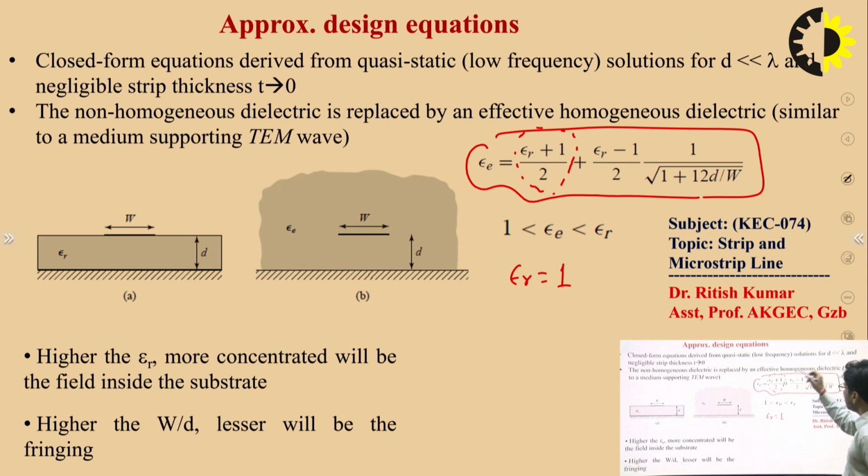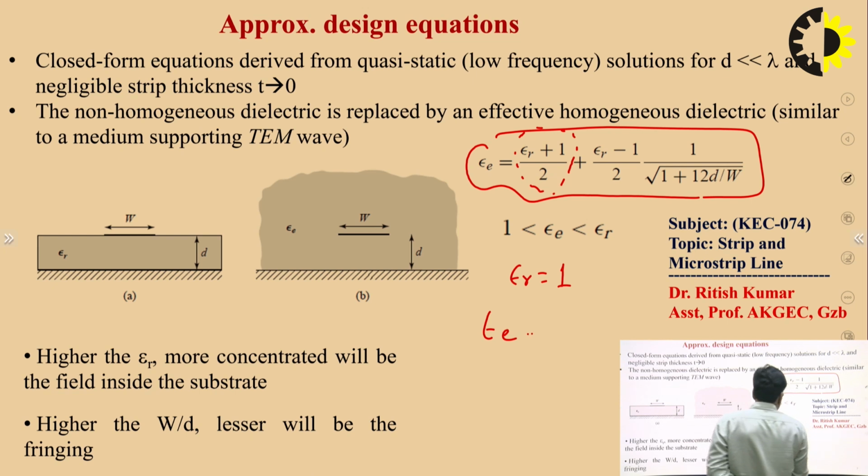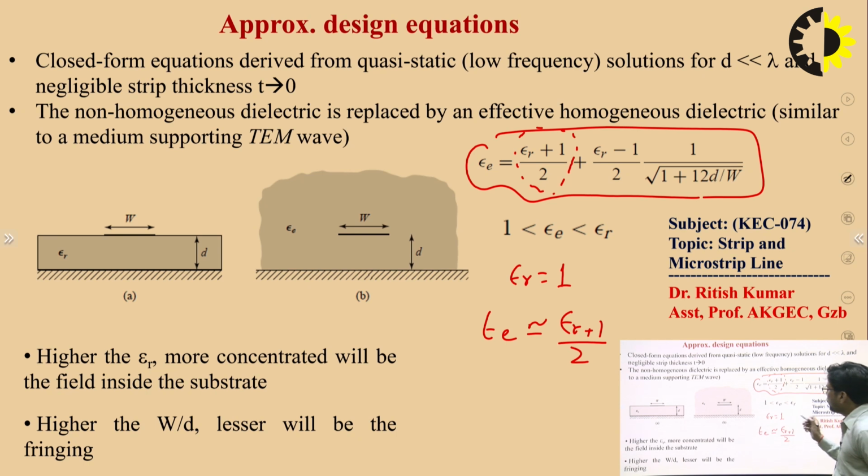It has a very small value, so we can approximate it. This effective dielectric constant is approximately equal to the average of air and material permittivity, right? So it always lies between 1 and epsilon r.